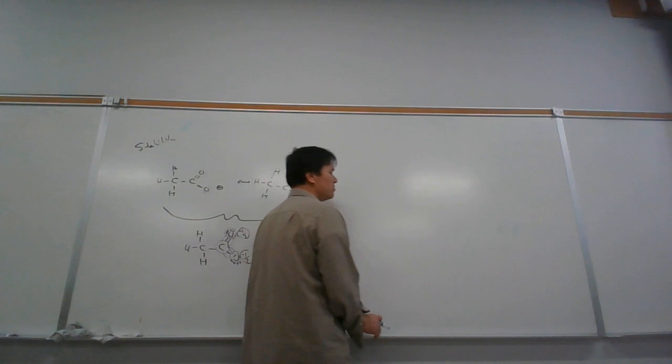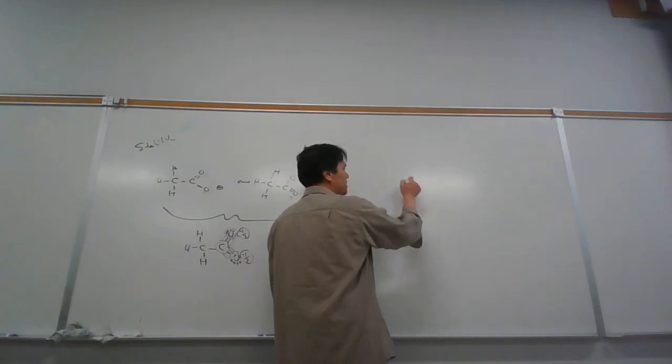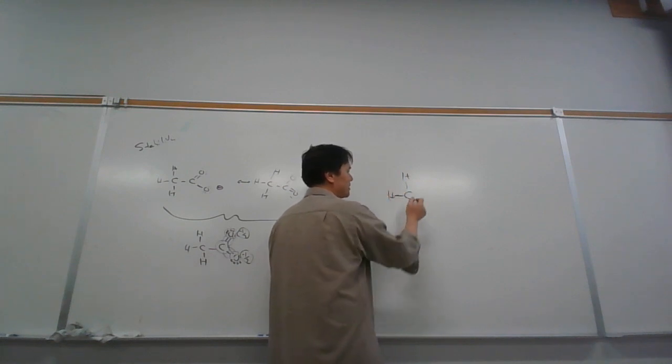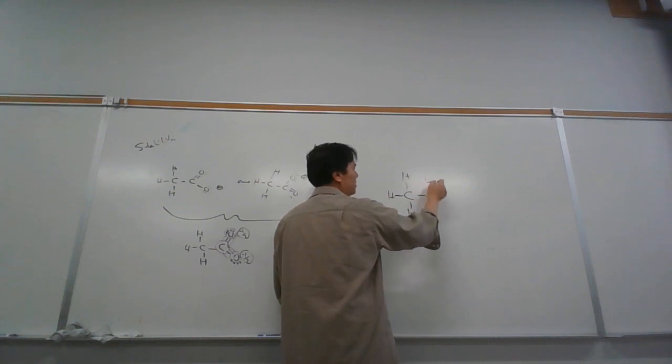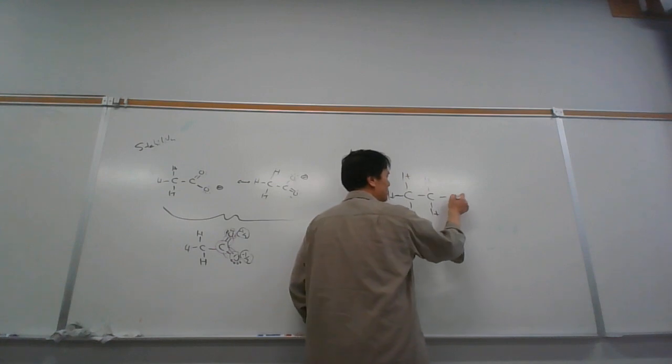But one of the reasons why ethanol is such a poor acid, even though you expect it to be decent, yes, it's a little less polar, but still, it's the next best acid. But even though it's the next best acid, it's still very unreactive. It's very unreactive because of this.